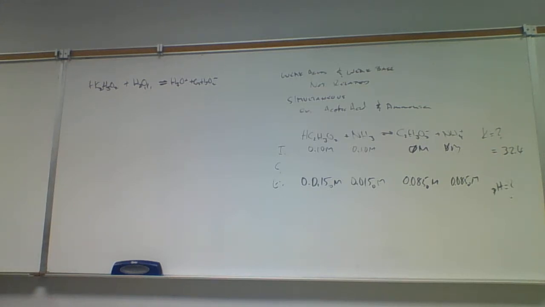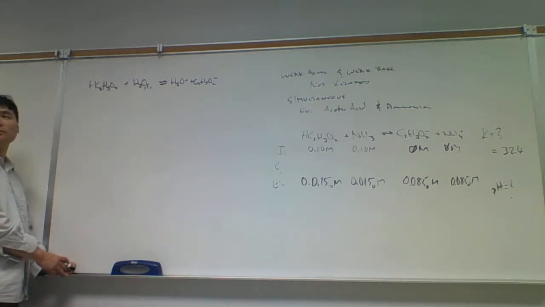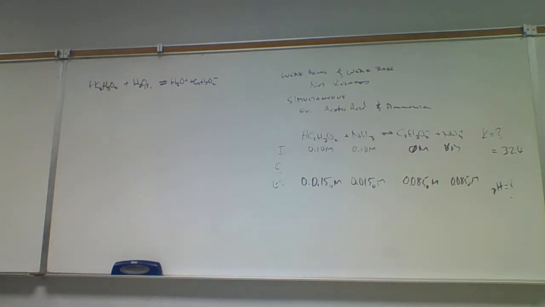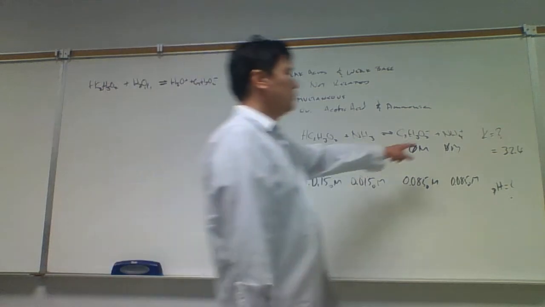What are the hydronium producers here? Well, I have acetic acid, I have, what else? I have water, and I have one more hydronium ion producer that's even stronger than water. Water is 10 to the minus 14. This one's a bit stronger, and that is ammonium.